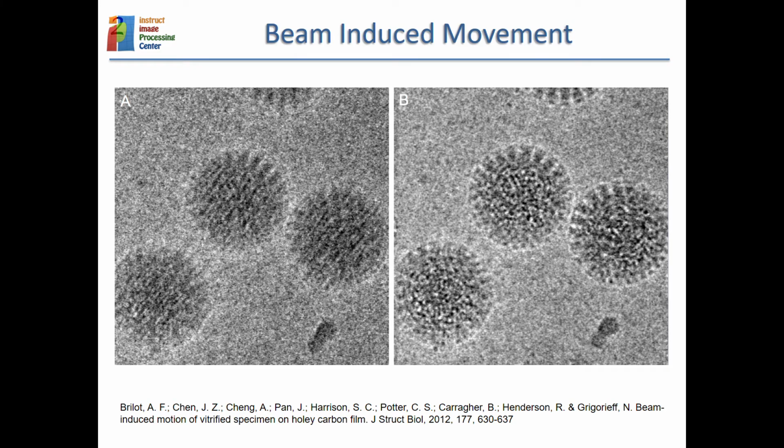And one of the things that was limiting the CryoEM resolution a few years ago was the beam-induced movement. The electrons in the electron microscope interact with the sample, and the sample is moving under the electron beam.